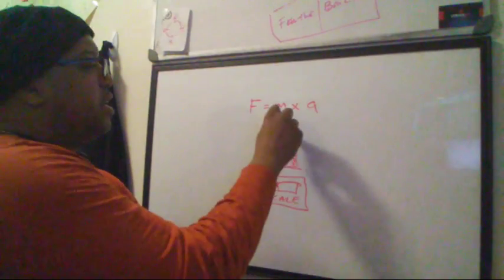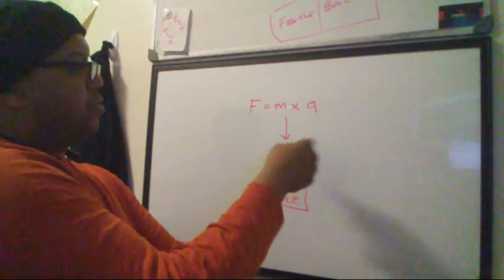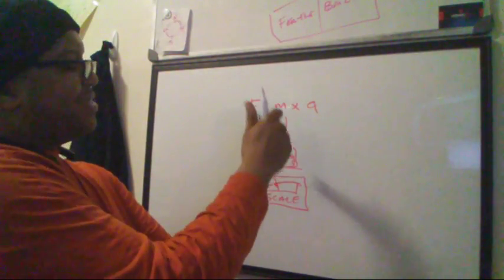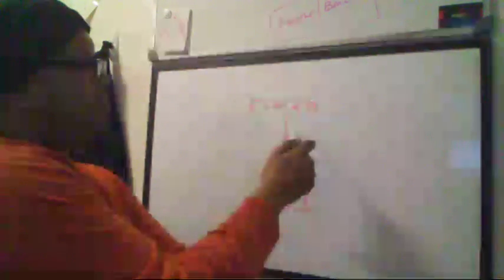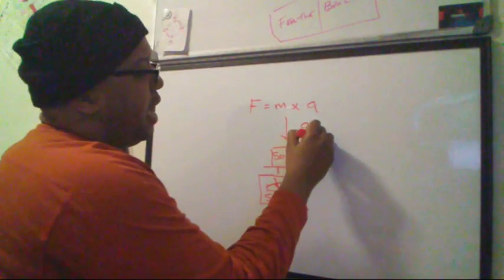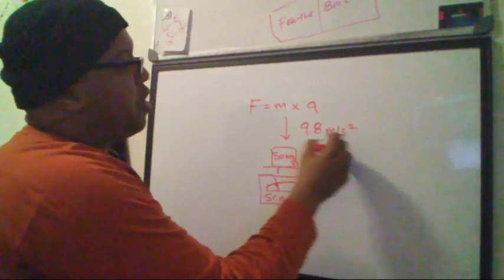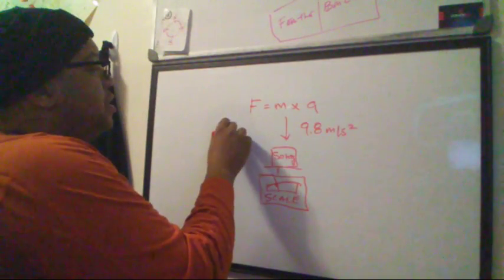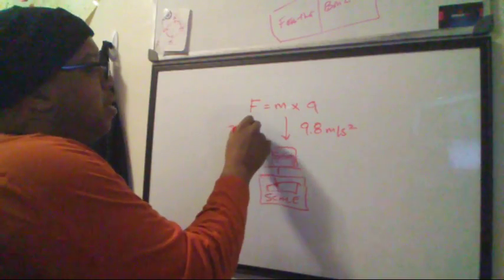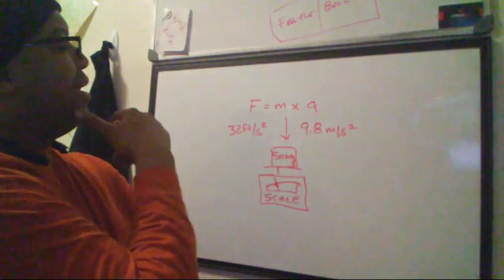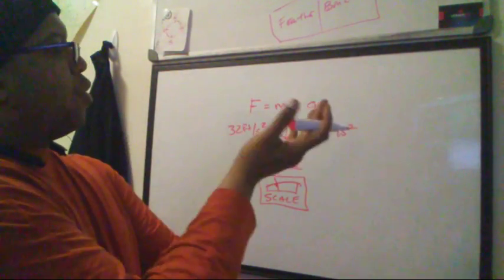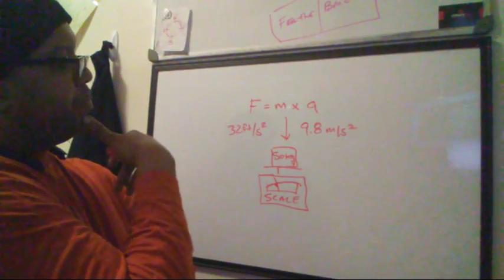Basically, gravity is in effect because it's weighing this mass down onto the scale. And gravity acts at 9.8 meters per second squared in the metric system, or 32 feet per second squared in the U.S. customary or British units.